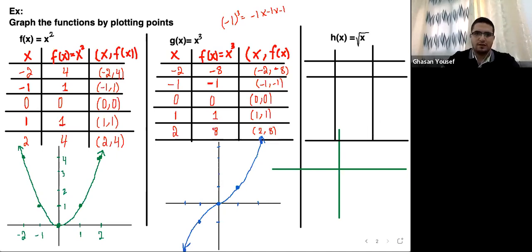So again, x value, f of x equal, I mean square root of x, and here x comma f of x. Same idea, I'm going to choose random points, plug them inside the function, and then graph a curve between these points.